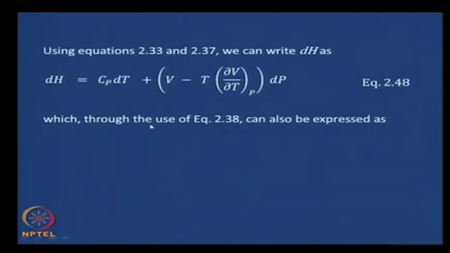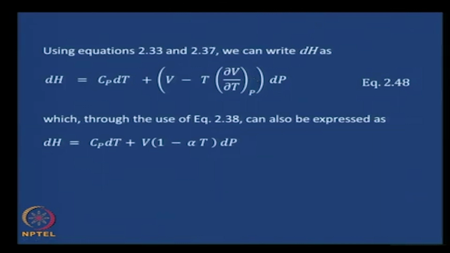If we use equation 238, you can again go back and check, but it is going to be quite evident here. This V minus T ∂V/∂T at constant P is nothing but a part of the definition of alpha, the expansivity.